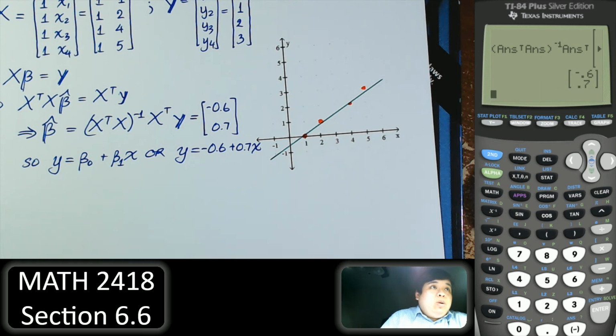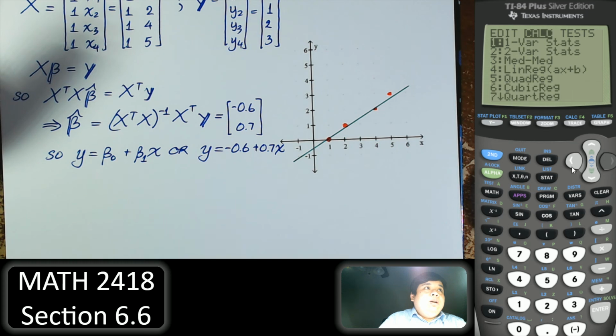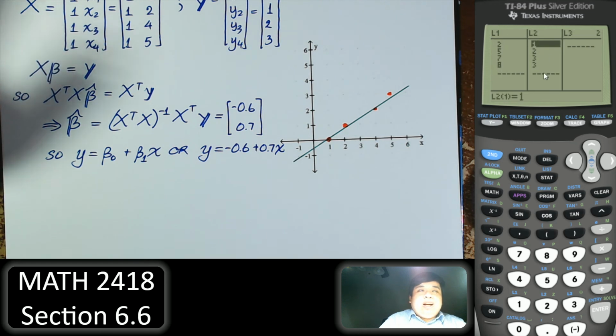Now if we use the calculator, again, hit stat, and then edit. Now if you want to clear the list, do not hit the delete button here. Never do that. Just highlight the list, hit clear, and then enter. That will clear the list. Don't hit delete.